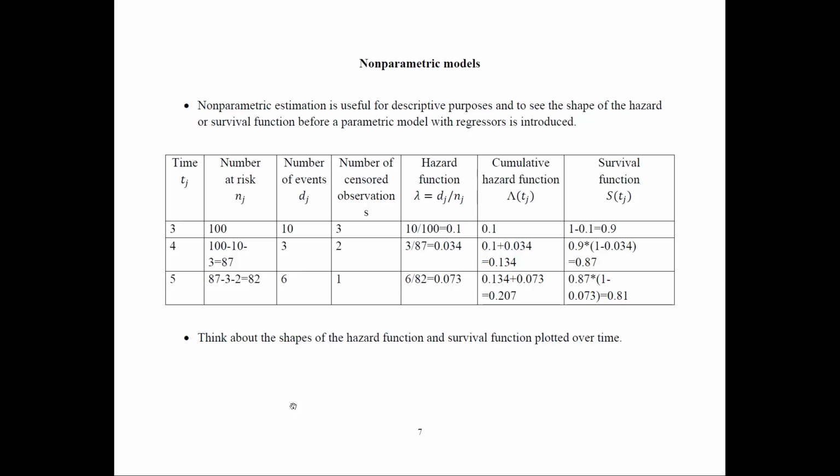We have the number of periods, 3, 4, and 5, on the horizontal axis. On the vertical axis, for the hazard function, we would plot 0.1, 0.34, and 0.07. So it would be 0.1 coming down and going up. So it won't be monotonic, and this hazard function would change over time.